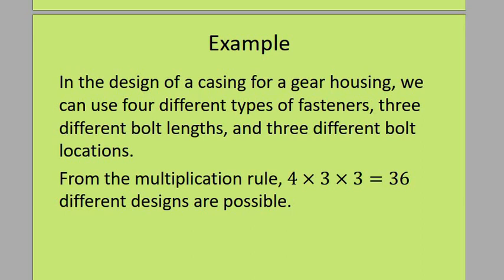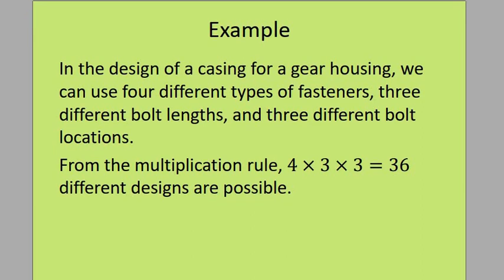So in the design of a casing for a gear housing, we can use 4 different types of fasteners, 3 different bolt lengths, and 3 different bolt locations. For the multiplication rule, we have 4 different types of fasteners, 3 different bolt lengths, and then 3 different bolt locations.